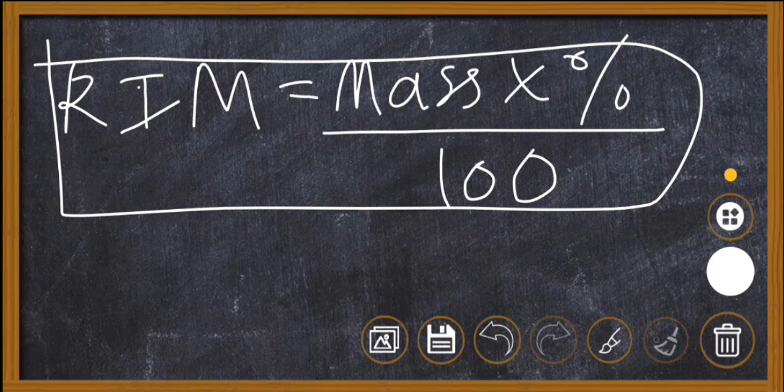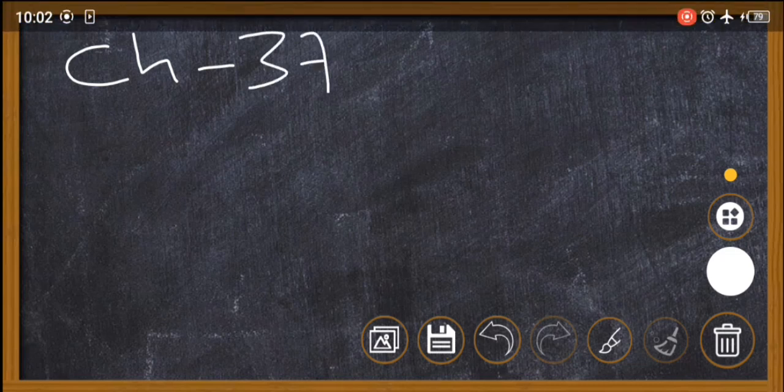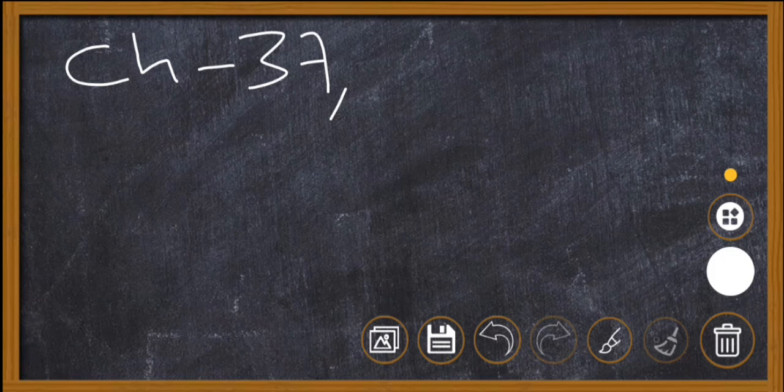Let's have an example. Let's say we have chlorine with a relative mass of 37, and it has a percentage of 24.5%.